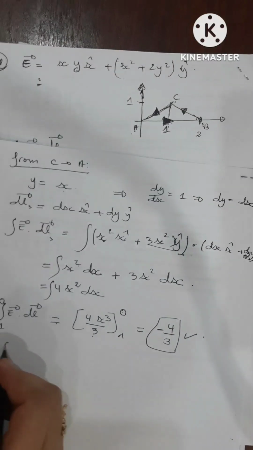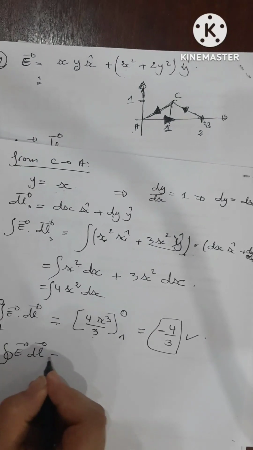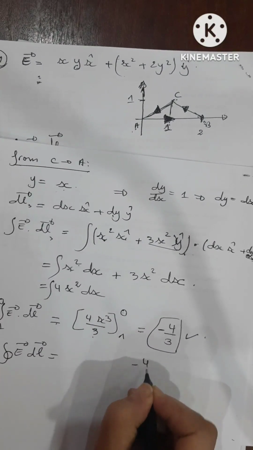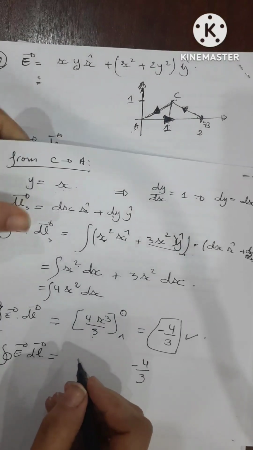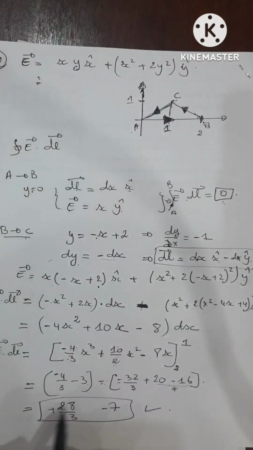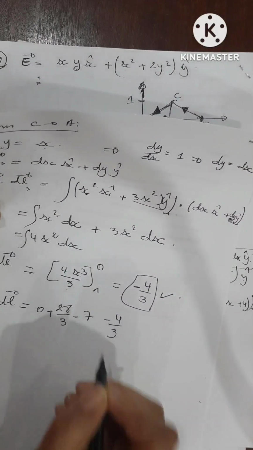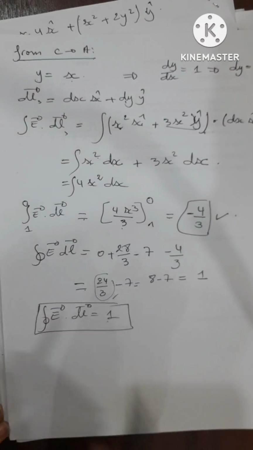I add, so the integral of E dl, I sum these numbers: minus 4 over 3, and the first one's result is 0, plus the second one is 28 over 3 minus 7. Okay, so the final is 1.